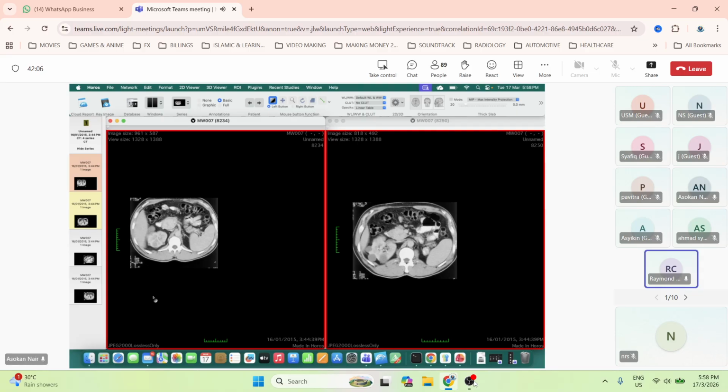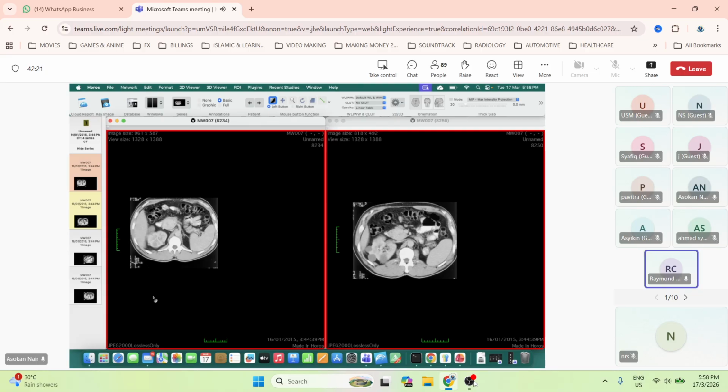So the provisional diagnosis in this case is renal cell carcinoma, could be with a metastasis to the pancreas.